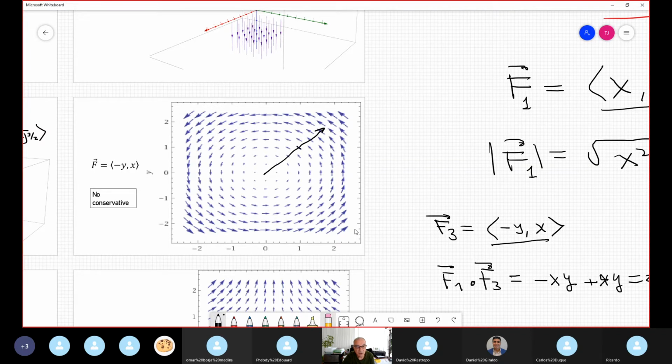Do you see the lines are perpendicular to this? Orthogonal. Entonces, another curiosity is que some vector fields rotate like that. In this case, rotate counterclockwise. And another no. And another rotates in the clockwise direction.